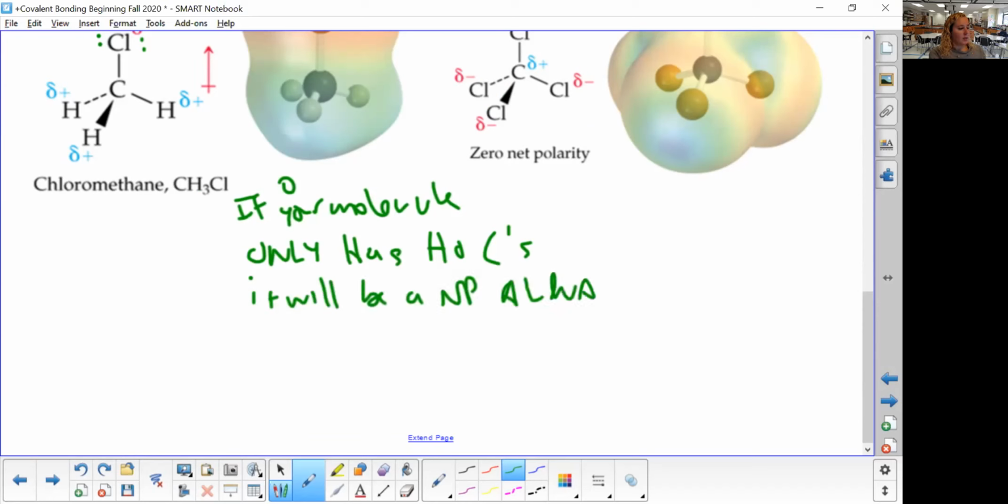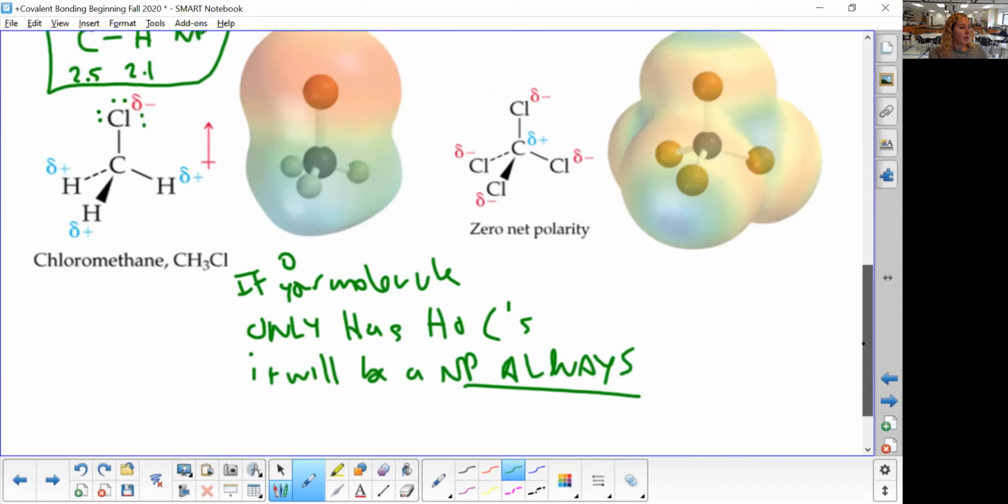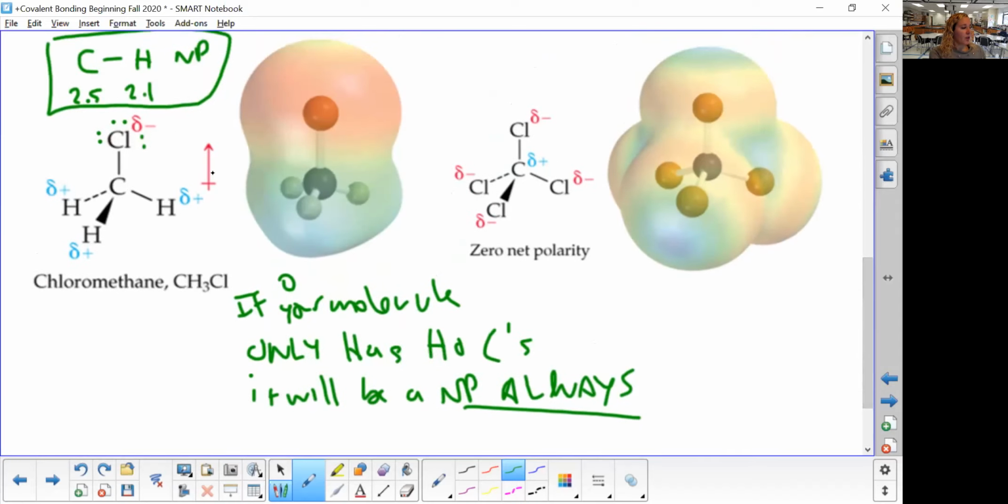Always. Okay. So that's why they're drawing just the dipole moment from the carbon to the chlorine there, because that has a large electronegativity difference. These have a difference in electronegativity of 0.4, and that's not considered to be polar. A carbon-hydrogen bond is not considered to be a polar bond.